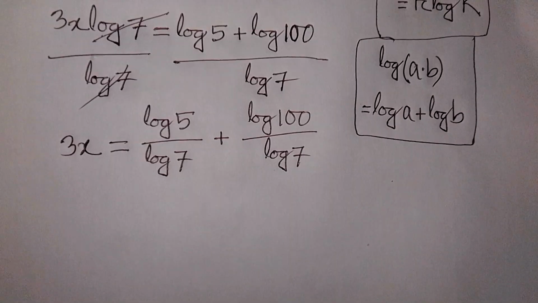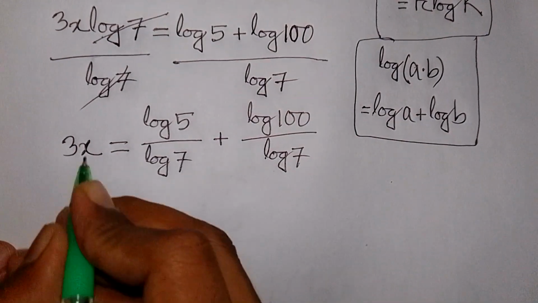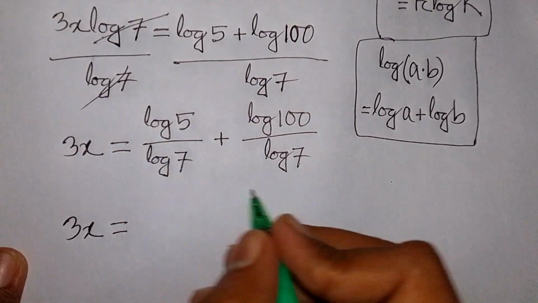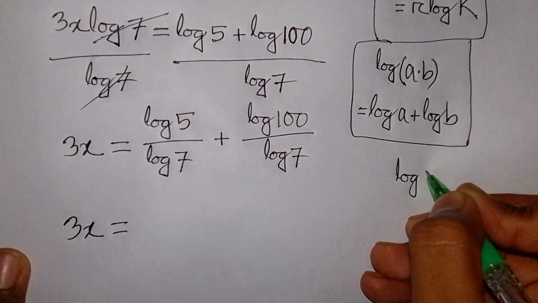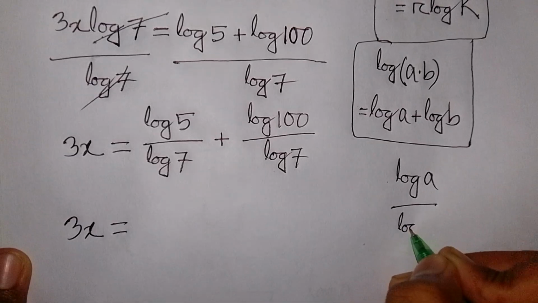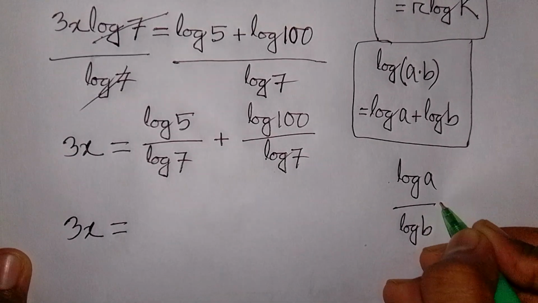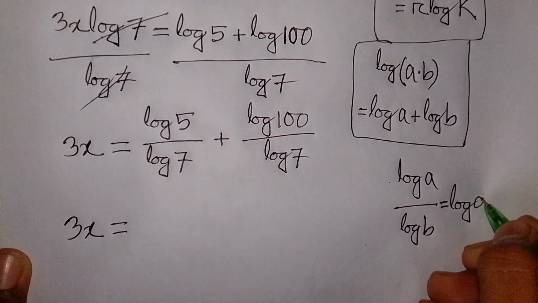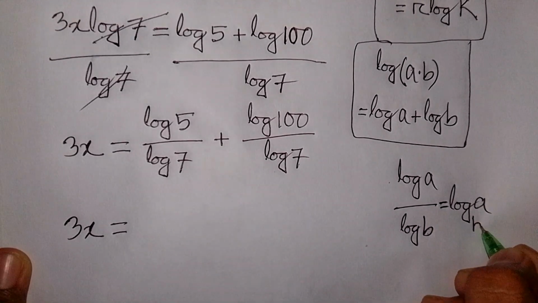Now we have 3x is equal to log 5 over log 7. So we apply the formula log a over log b is equal to log a base b.